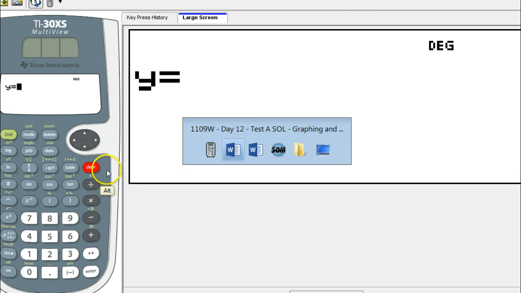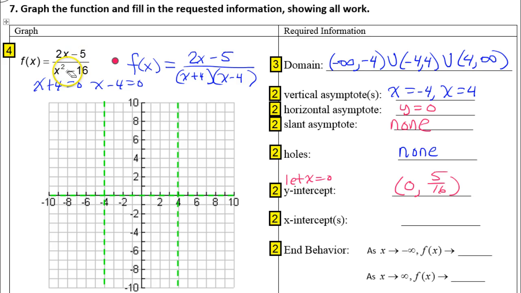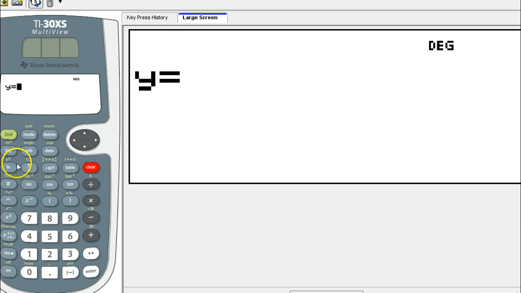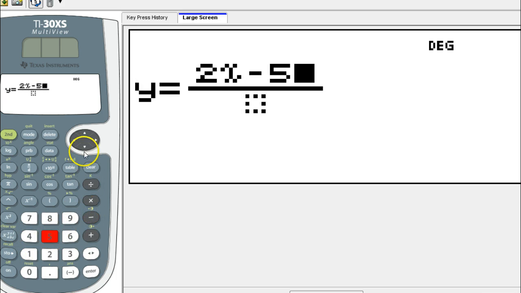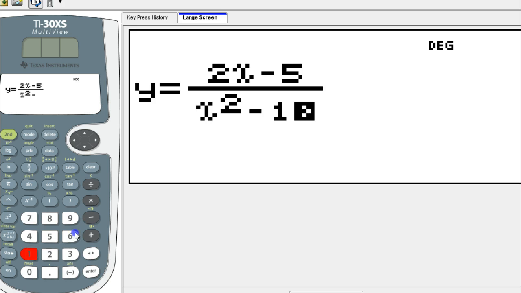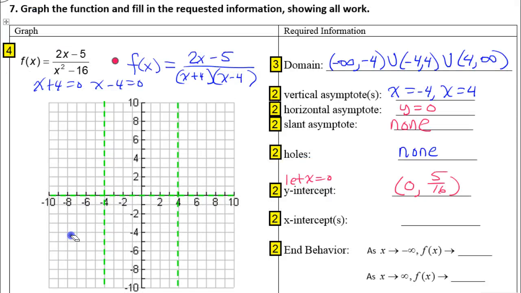XS MultiView. If I type in the original function, so 2x minus 5 is in the numerator, and then what was it? x squared minus 16, I do believe.